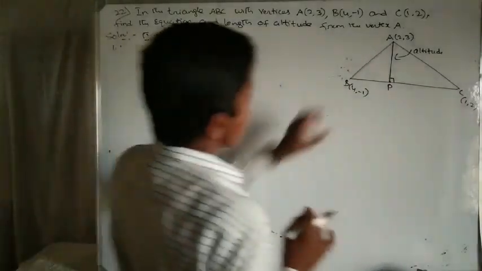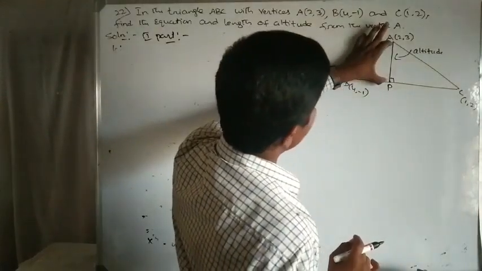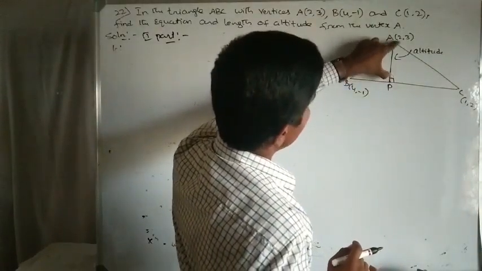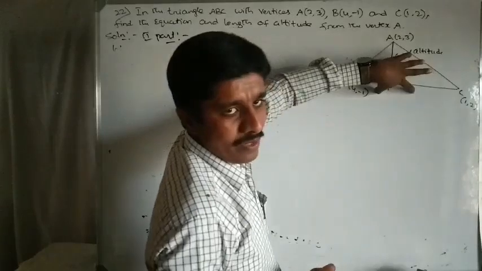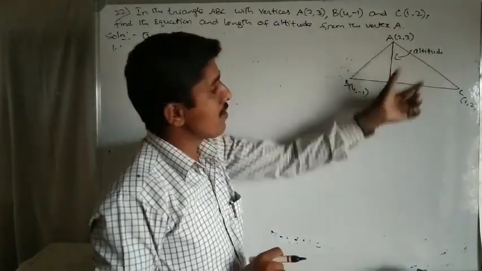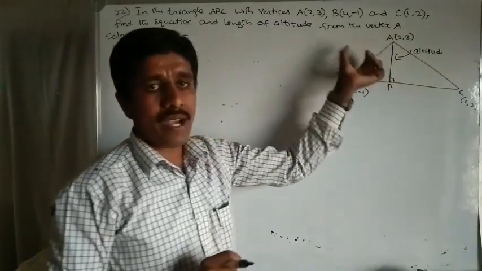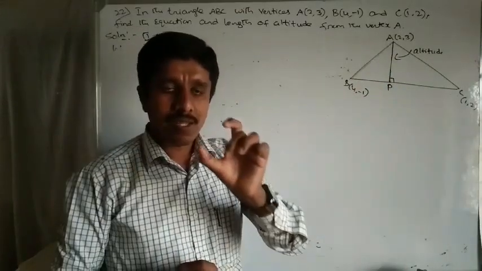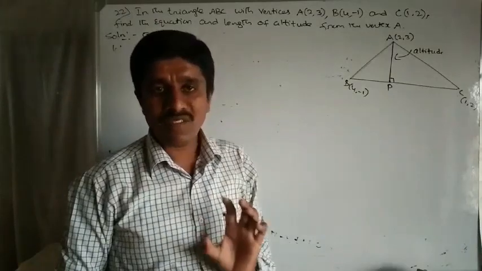We have to find the length here. AP length means here we have a point. Find your BC equation first, then find the required length by using the distance of a point from a line formula.